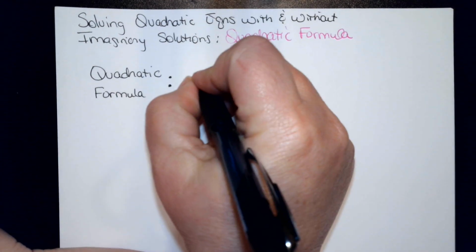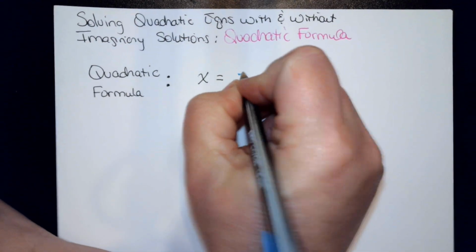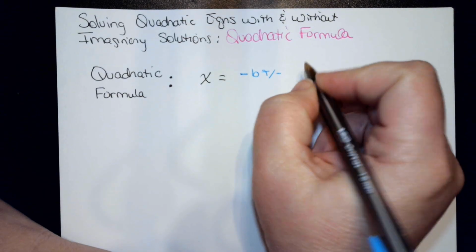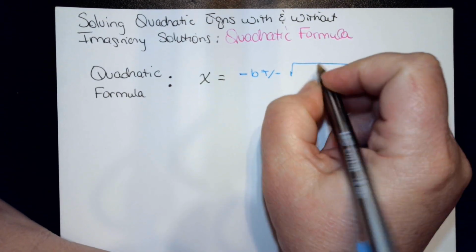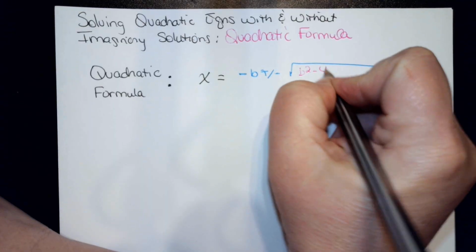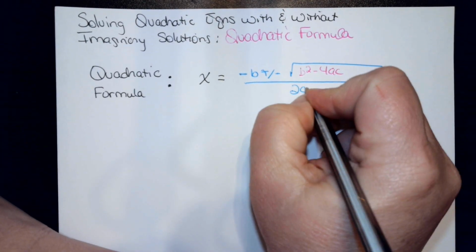Our quadratic formula is x is equal to, alright, you probably learned that song, negative b plus or minus square root b squared minus 4ac all over 2a.